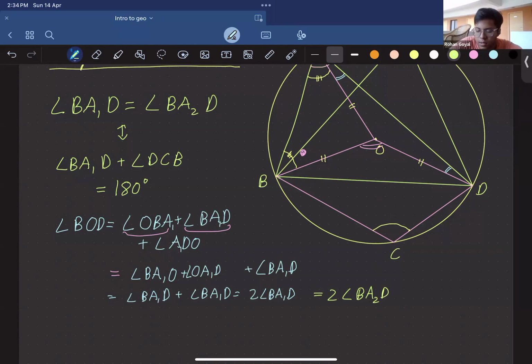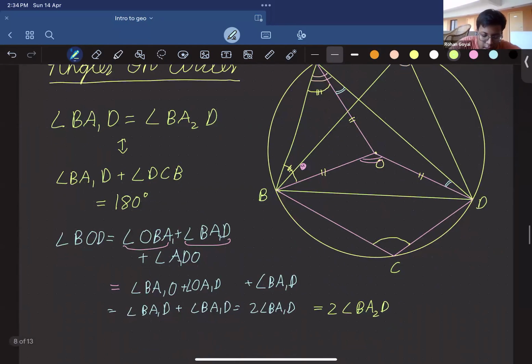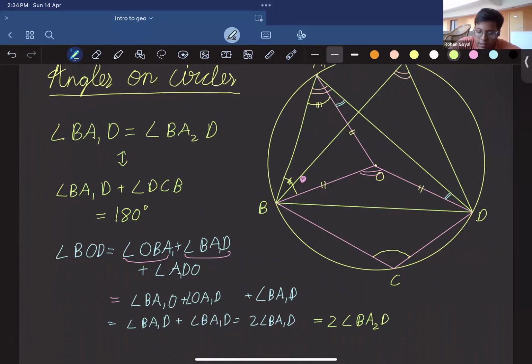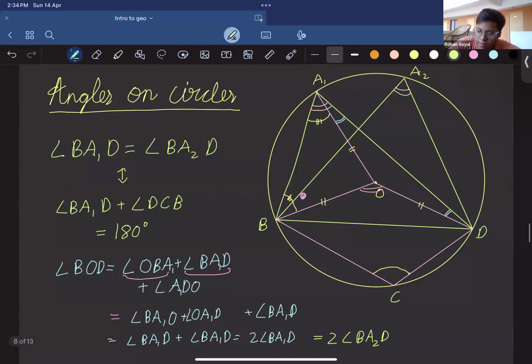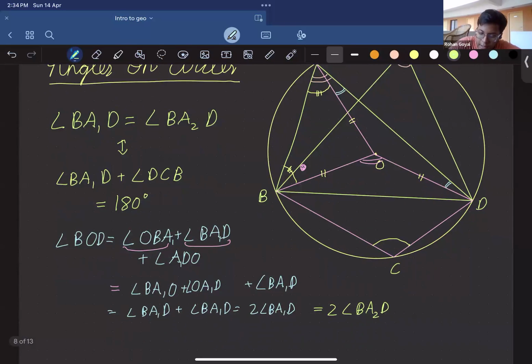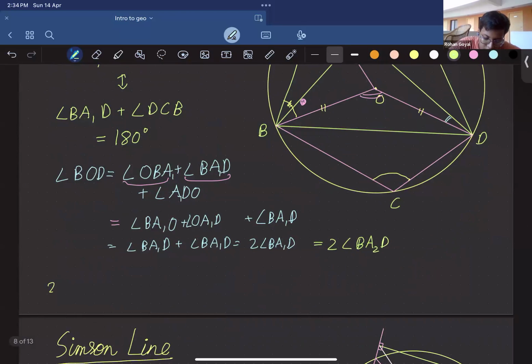Okay, good. Now you can prove the final thing, that angle BA1D plus angle DCB equals 180 degrees, in many ways. We'll just go with the simplest proof: twice BA1D is BOD, and twice angle DCB is equal to reflex angle BOD. So together they equal 360.